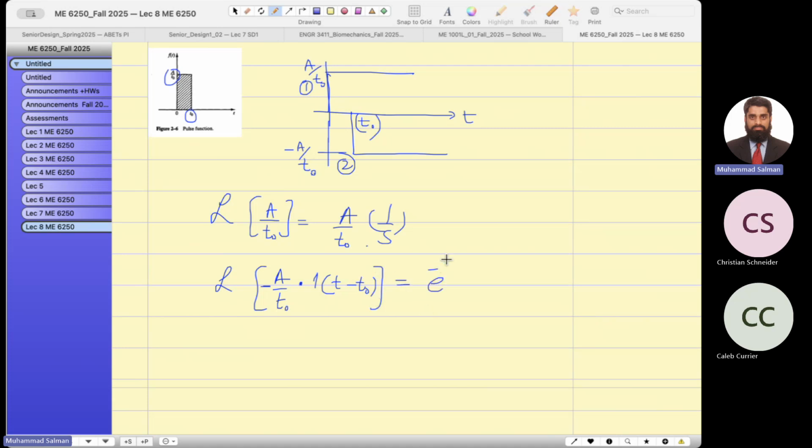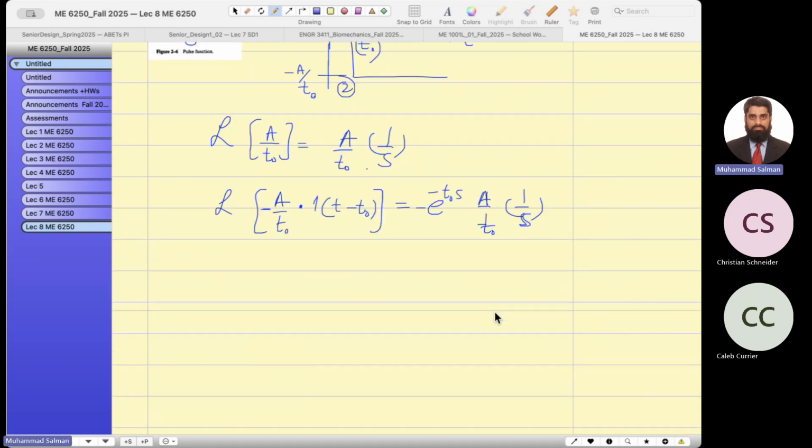So e to the negative t naught s times 1 over s. If you add these two functions together, the first function and the second function, then you get a pulse function of width t naught.